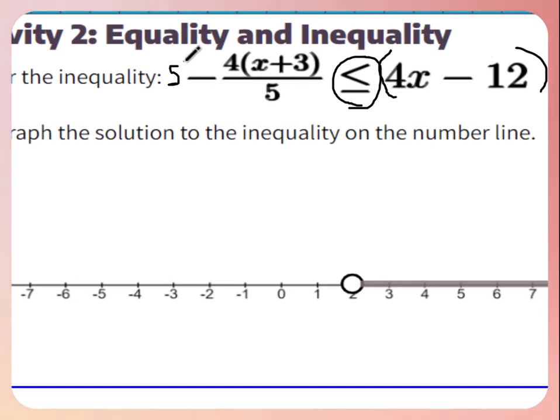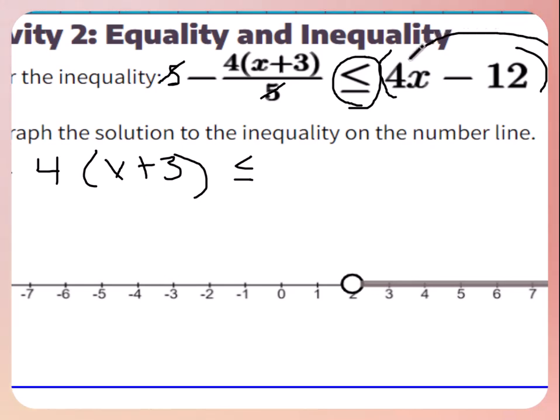So this 5 that we're multiplying by, then divide by 5, is going to cancel, and we still have negative 4 times x plus 3 on the top. Less than or equal to, distribute the 5. 5 times 4 is 20, so we have 20x minus 12 times 5 is 60.